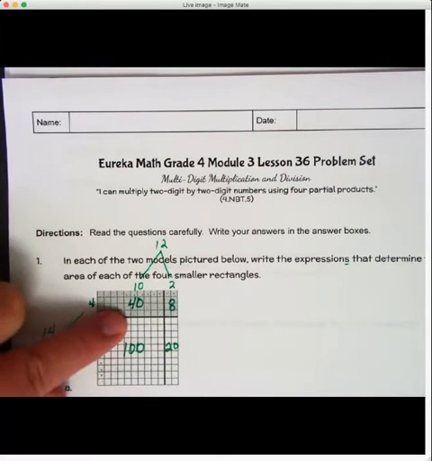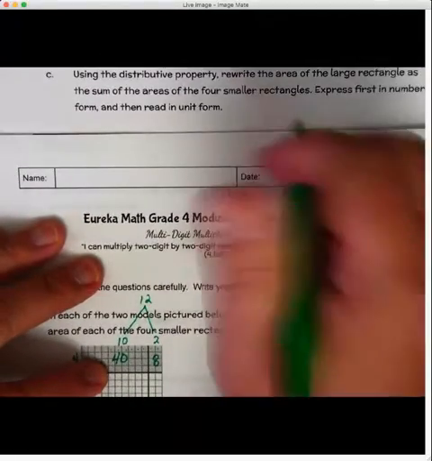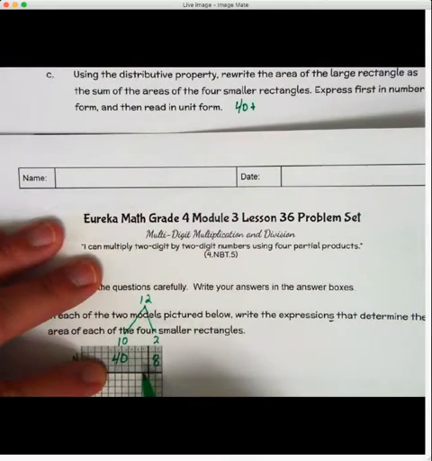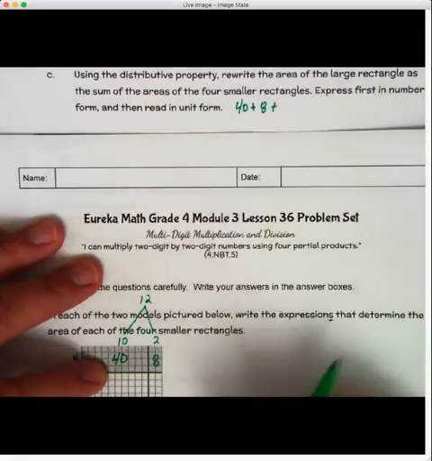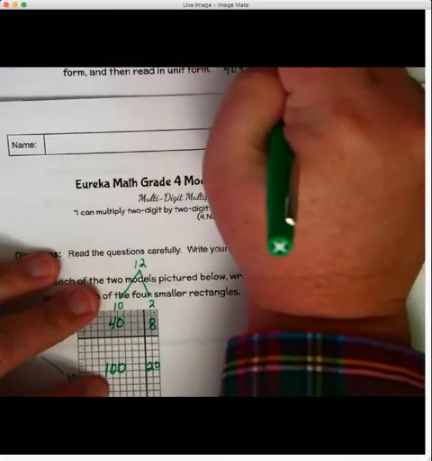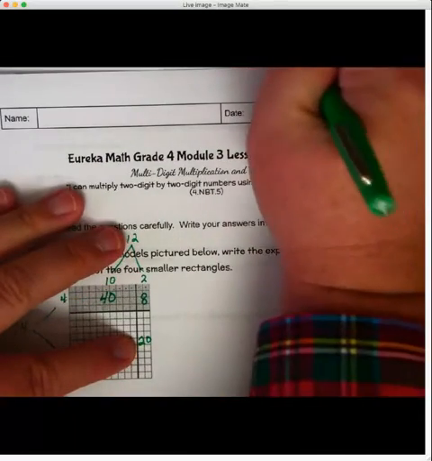So we found one part of it was 40. Okay? So we've got 40 plus another part of it was 8 plus this big part of it was 100 plus we had this other part which was 20.